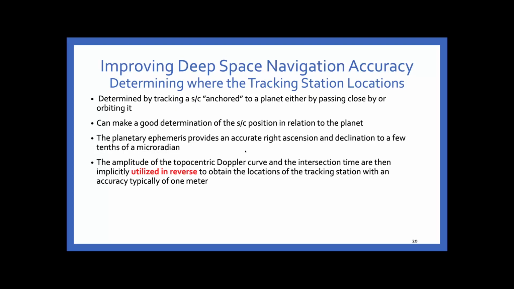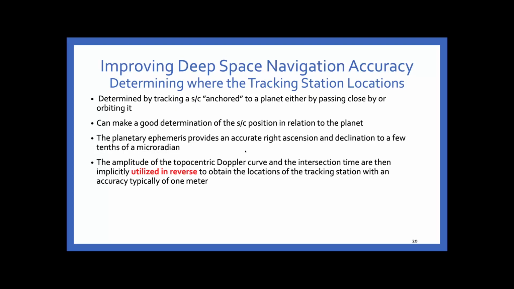And in Melbourne's article, it says this is good to about 1 meter. And it's relative to the center of the Earth. We've jumped off that datum, so those are no longer an issue. Now we're determining the locations relative to the center of the Earth.